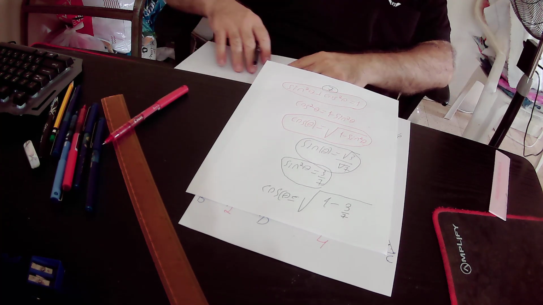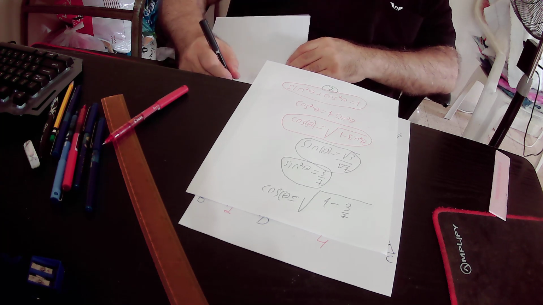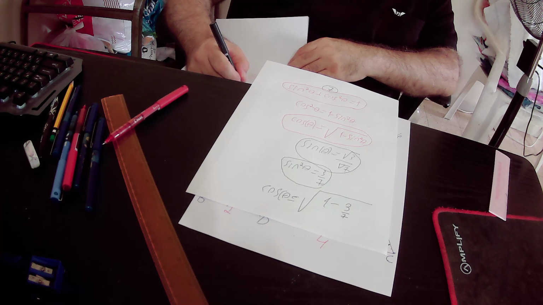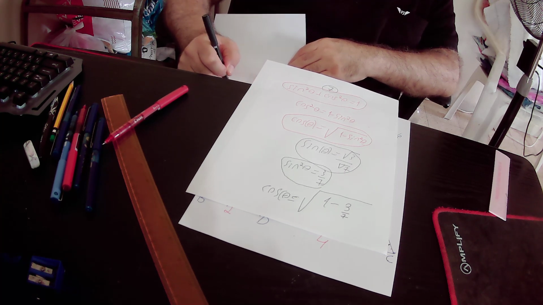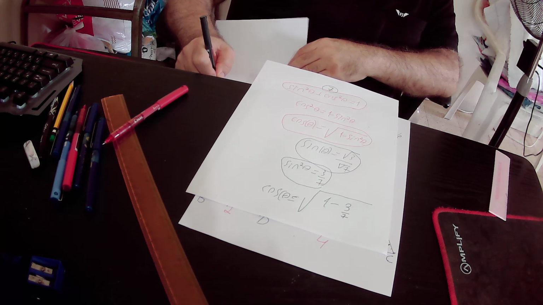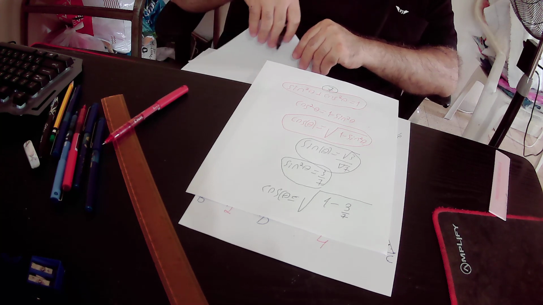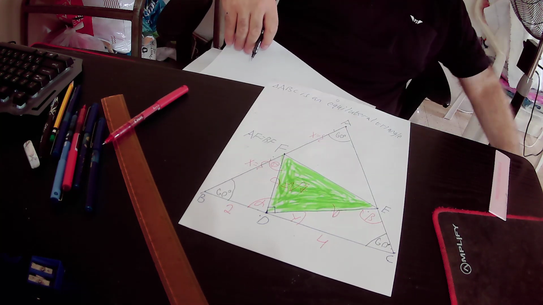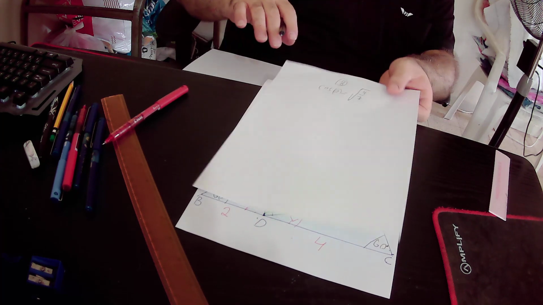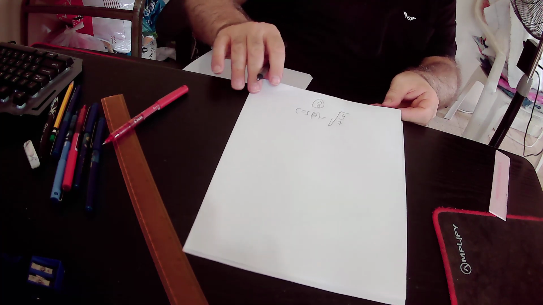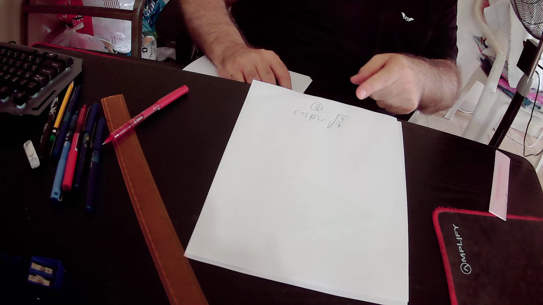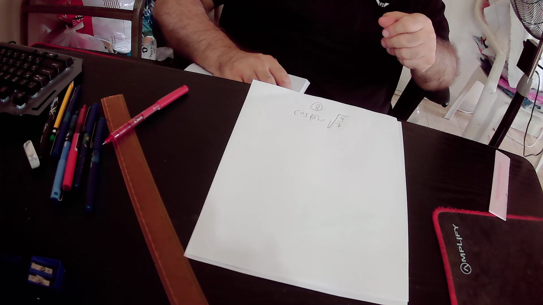So we write down that cosinus theta equals the root of 4/7.